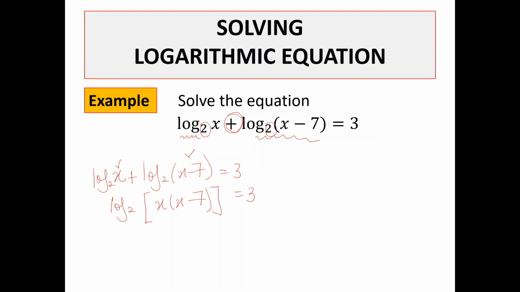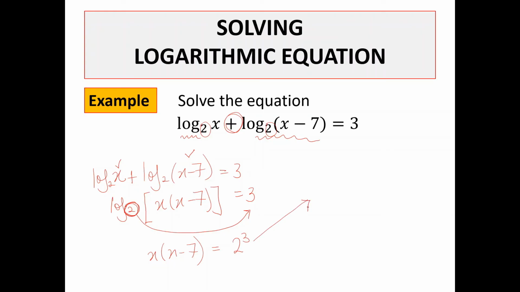Now we have log on the left hand side and 3 on the right hand side. Now we can just apply the basic concept of log and indices, same as the previous example. Okay, so this base we can change into indices. So this 2 as a base can go to the other side and become the base for indices. So x times x minus 7 will remain on that side, and 2 will become the base, and 3 will become the power.